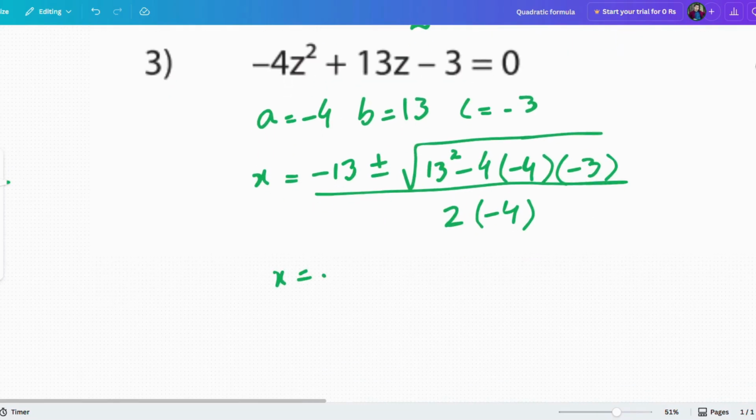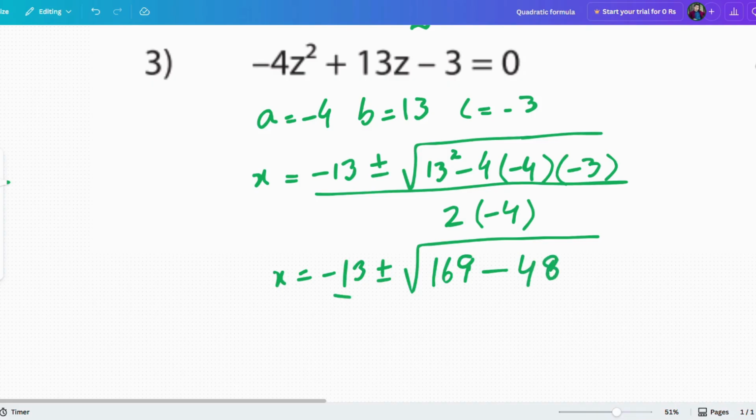So x is equivalent to -13 plus minus radical. What is 13 square? 13 times 13 is equivalent to 169. Minus times minus is plus, and plus times minus is minus. So 4 times 3 is 12, times 4 is 48, divided by -8, right?